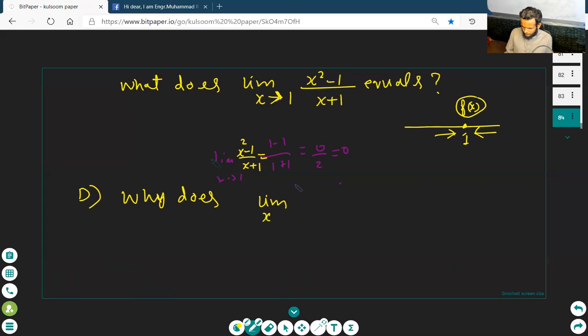Limit of 2 plus 3x plus 5 equals. 11. Find the value of the limit. This is 11.